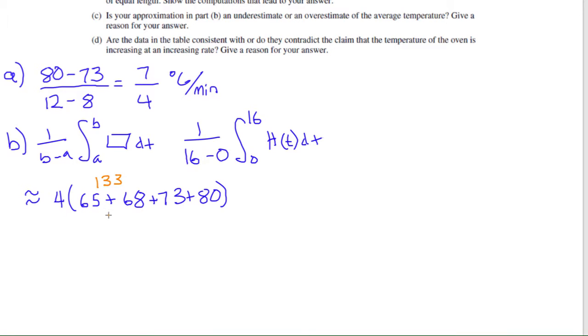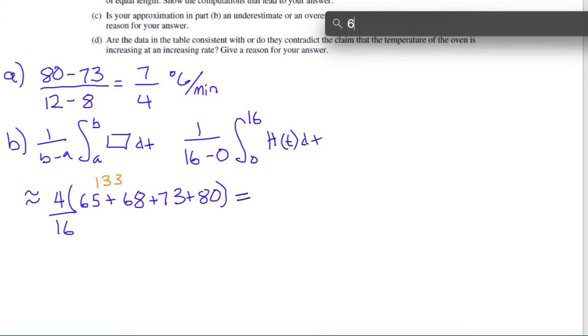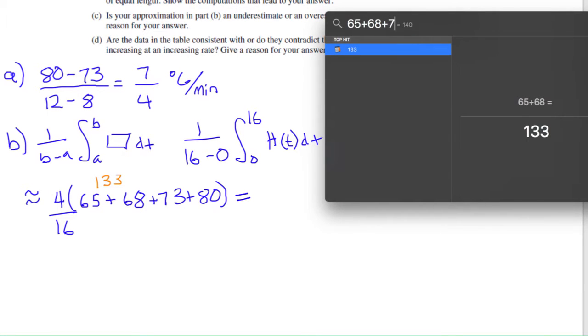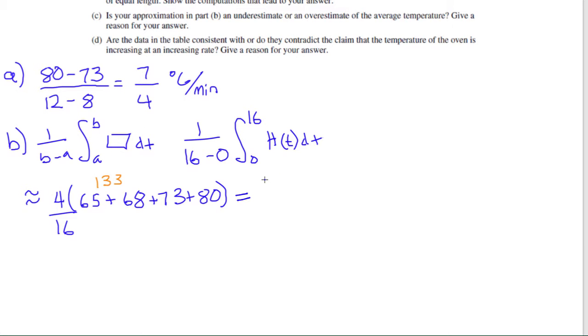But technically all of this is over 16, because of this guy right here, so I'm really going to be dividing everything by 4. I'll check my work on the calculator: 65 plus 68 plus 73 plus 80. Oh, I was wrong. I feel bad. Okay, it was 286.